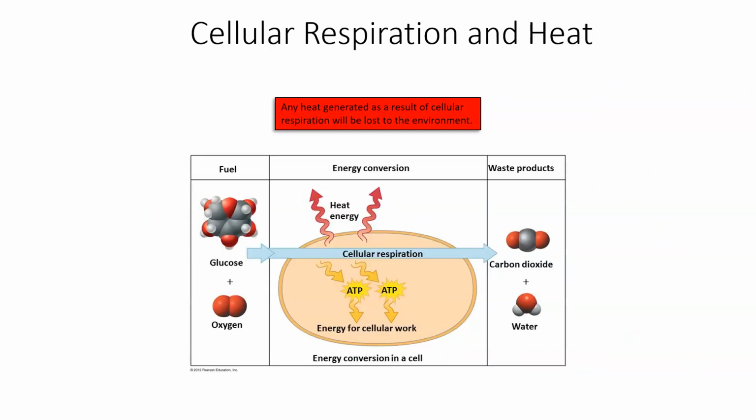Now, cellular respiration and heat. We talked a little bit earlier in this lecture about the role of photosynthesis, and just as a repeat, remember the role of photosynthesis is to take the energy from the source, which was the sun, and convert it through our producers that can photosynthesize into a form of chemical energy, which is carbohydrates.